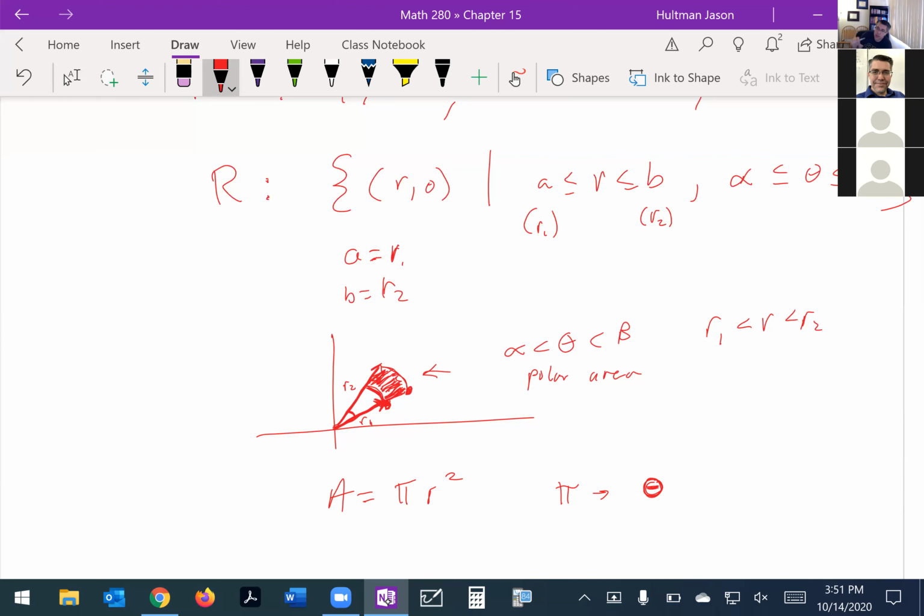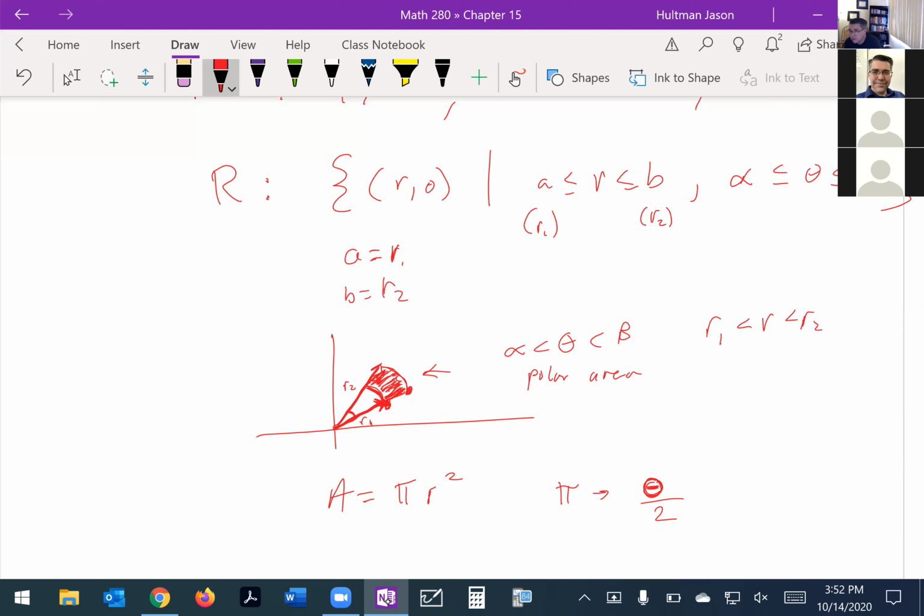The angle is a fractional amount of 2 pi. So pi gets related to theta over 2.